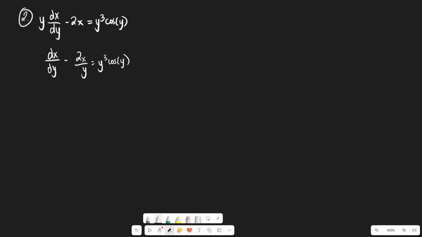Now, for a dx over dy FOLDE, we need to have an x added right here. So we're going to need to find something like this. We can manipulate this negative 2x over y and factor out x, then the rest would be just negative 2 over y.